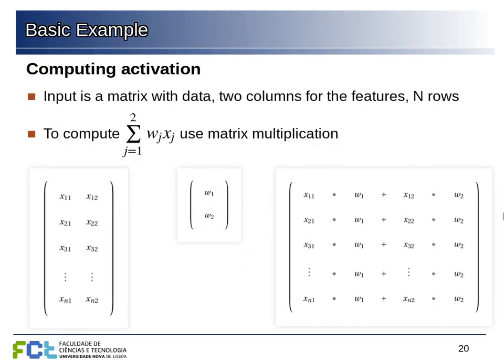Now we can create a column matrix, this matrix with one column and two rows, with the weights of our neuron, and a matrix that contains our examples in rows. Each example is in a row, and we have the two columns corresponding to the two coordinates where the points lie.